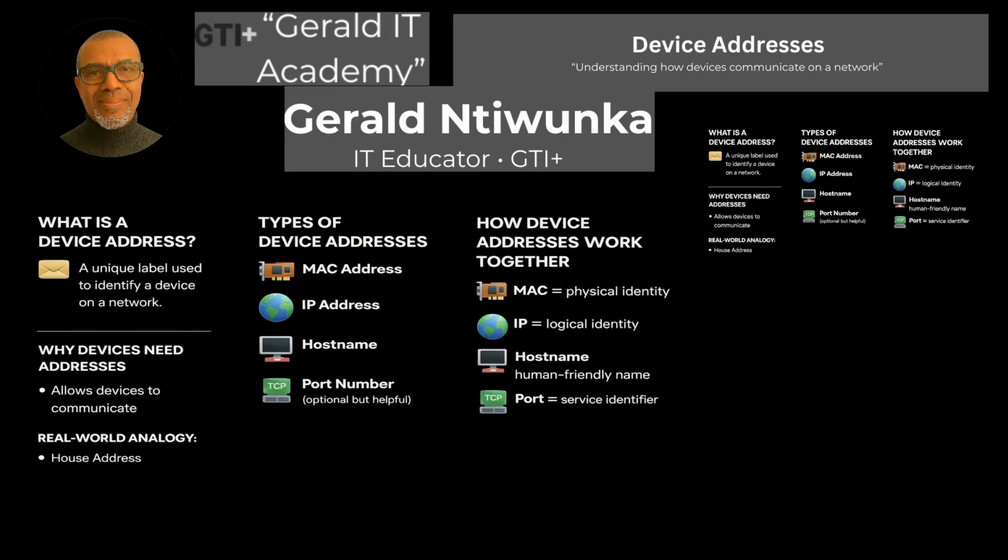So every network device needs a unique address so that it knows where to send data to. A device address can be either physical or logical. I will take you through these two examples.